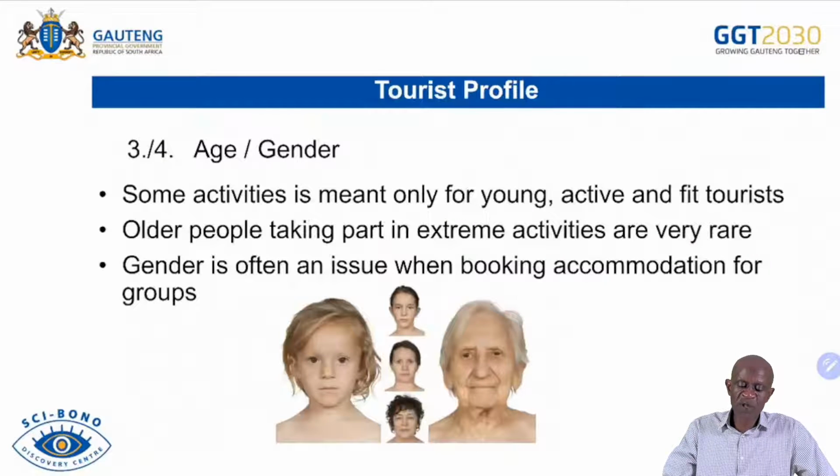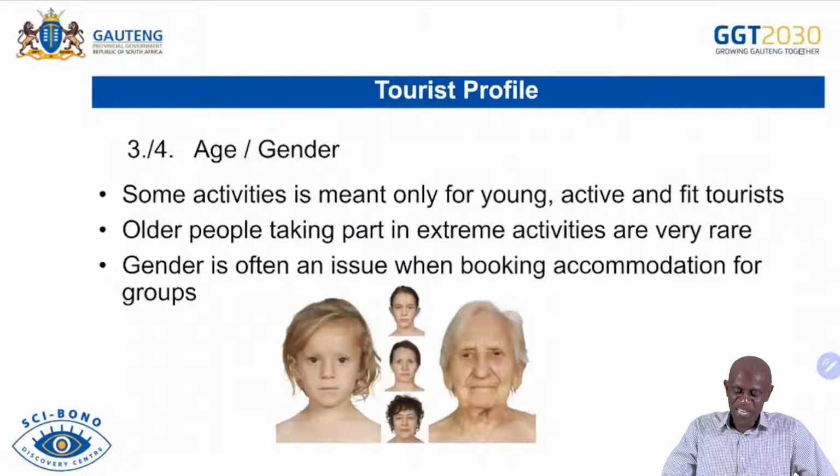Another aspect for a tourist profile is a combination of age and gender. Some activities are only meant for young people, for active tourists. Older people taking part in extreme activities are very rare.